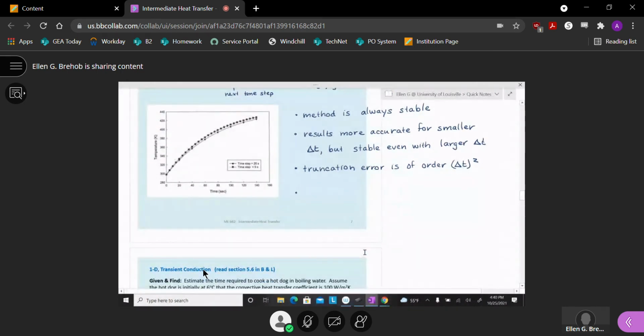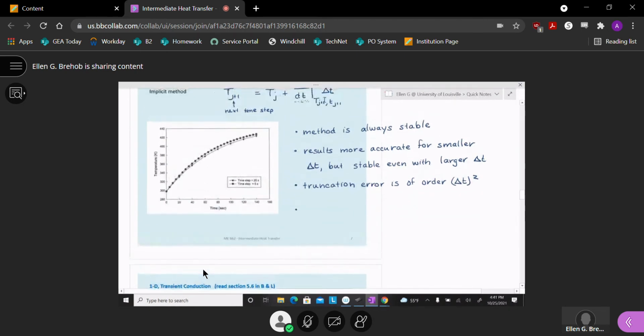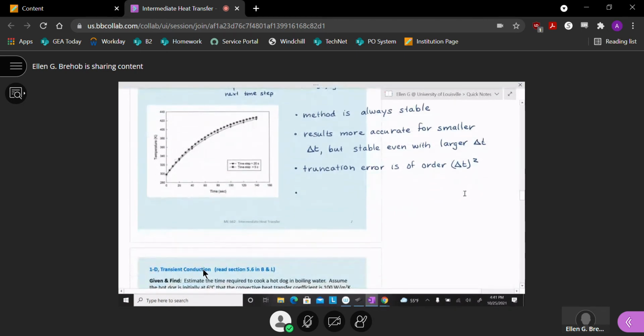Okay, I want to write this out and see if this helps think about how we set up the implicit method. So for the equation I had, and I'll put some space in here.